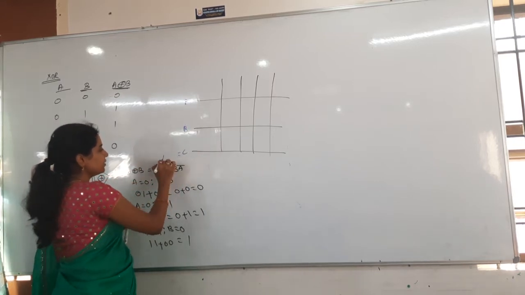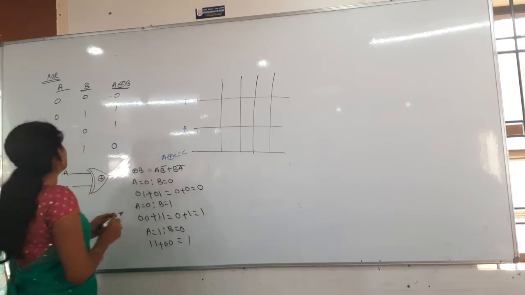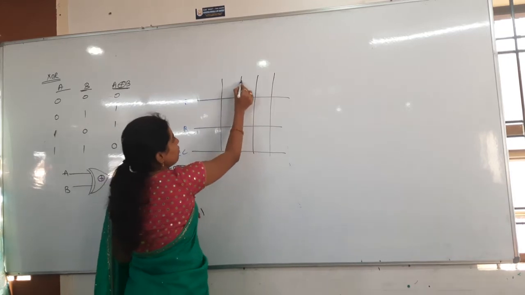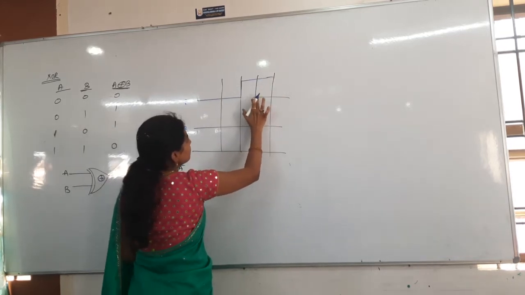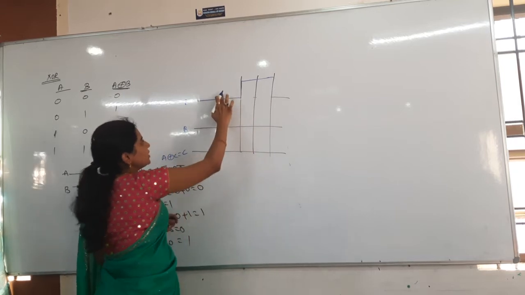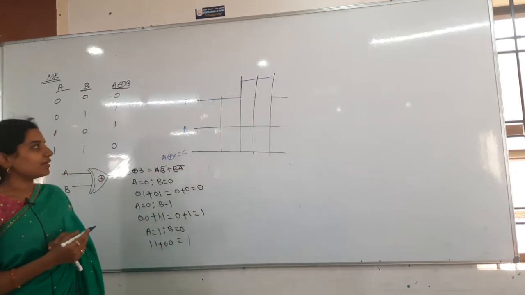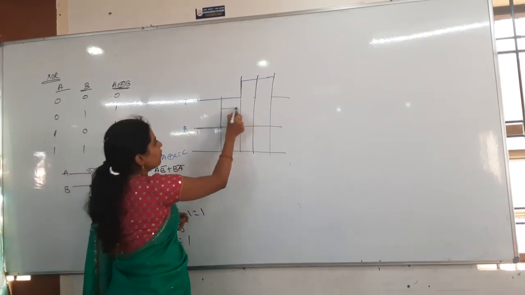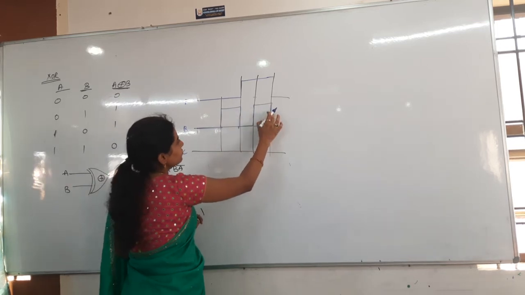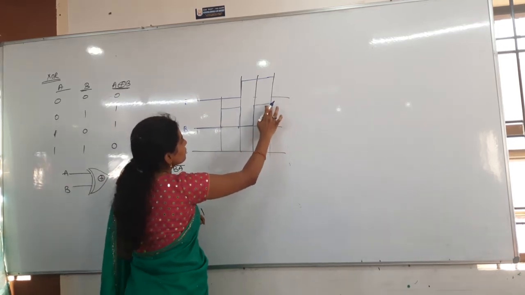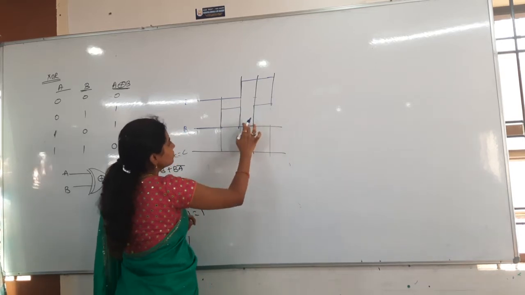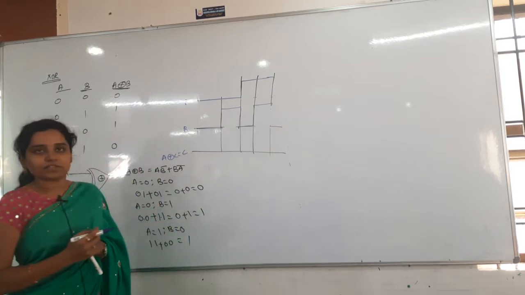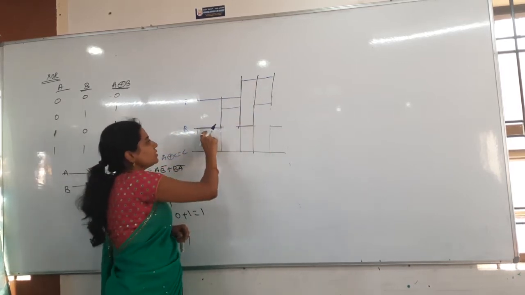Check this: A, B, C. A was 0 0 1 1. This is A, correct? Then B is 0 1 0 1. So A is 0 0 1 1, B is 0 1 0 1.